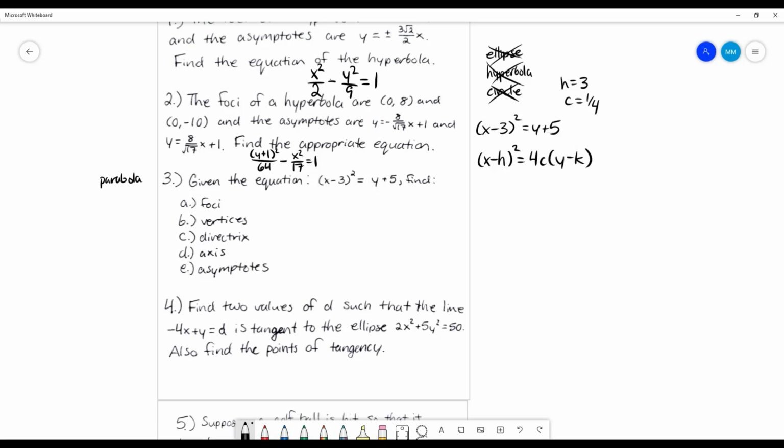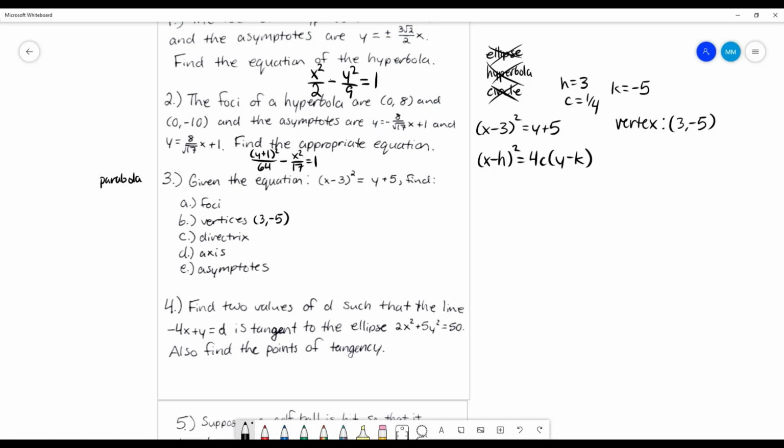And our k value must be -5 in order for that to be y plus 5. So now we know our h and our k, so our vertex, not our center, must be (3, -5), because it's (h, k). This only has a single vertex because it's a parabola.